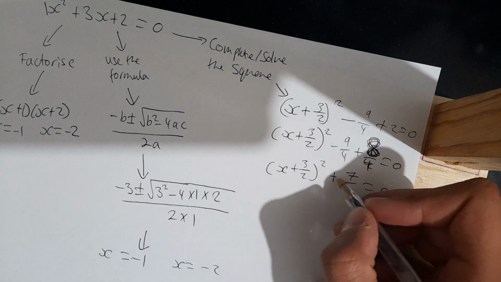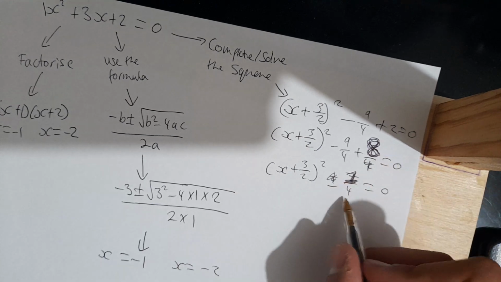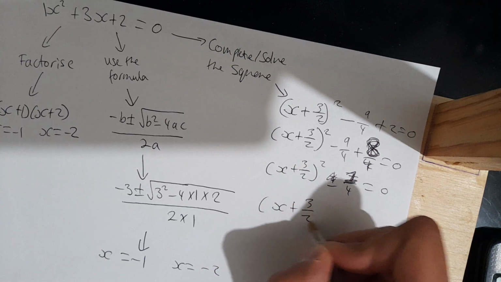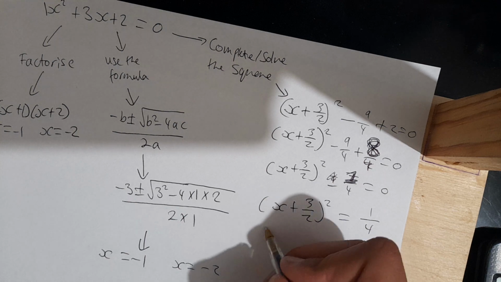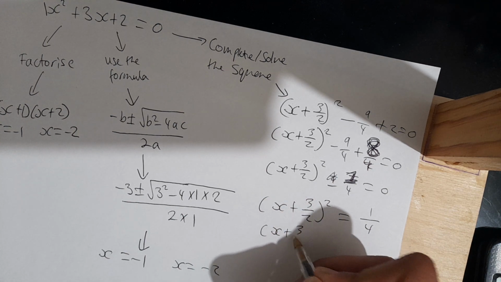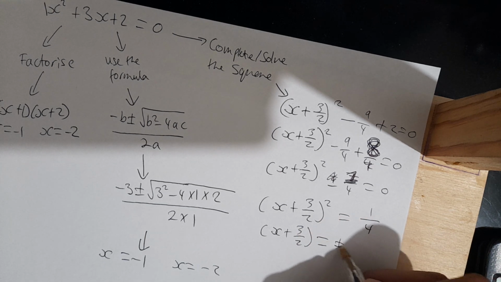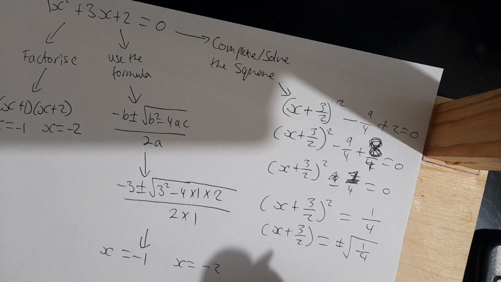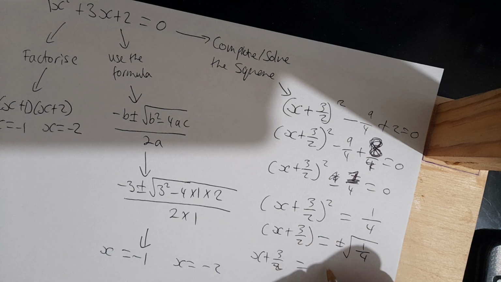So that's going to be minus 1. Minus 1 over 4 equals 0. Okay. So that means that x plus 3 over 2 squared equals a quarter. And x plus 3 over 2 equals plus minus the square root of a quarter, which means that x plus 3 over 2 equals a half, square root of a quarter.